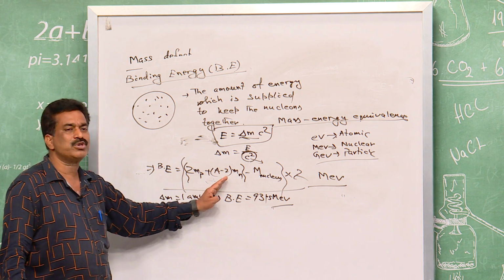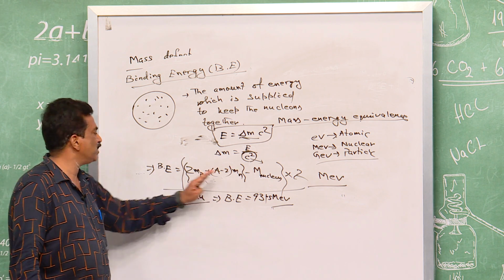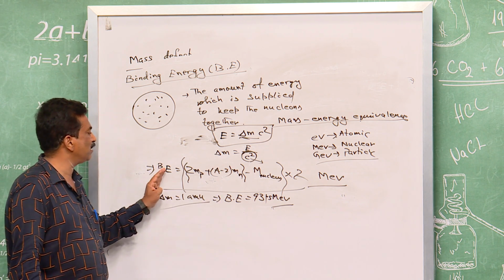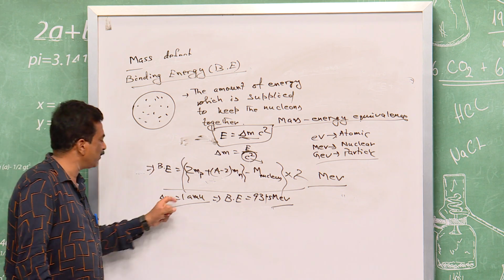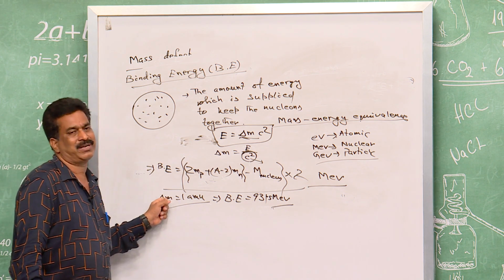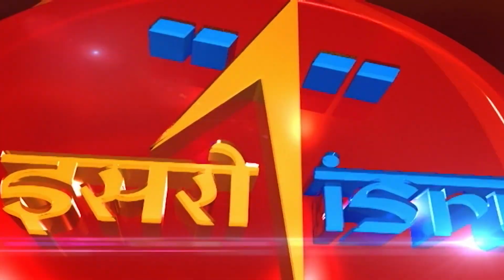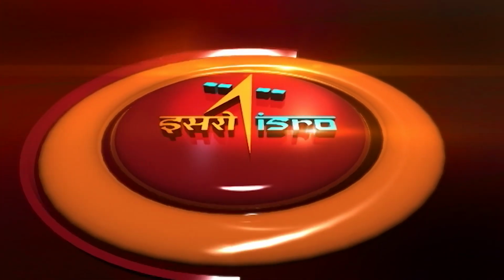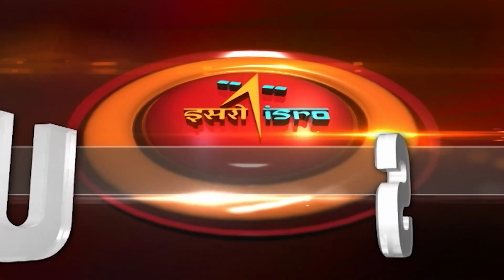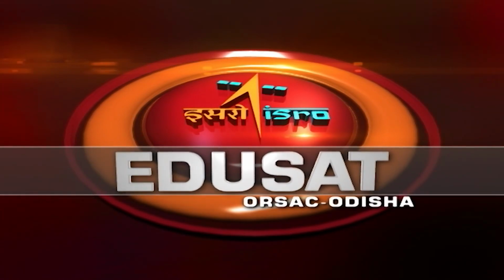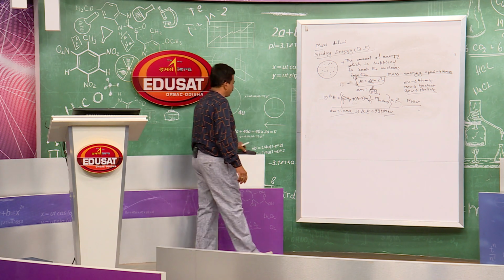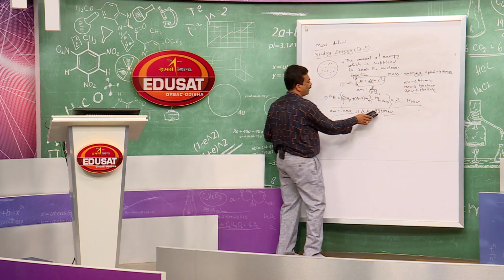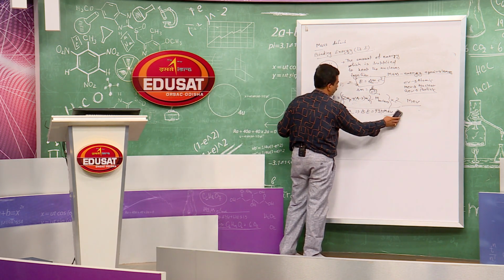This is the most important formula, used to find the relation of how the binding energy is maintained from the mass defect. So as we know, the binding energy for 1 amu will be 931.5 MeV.